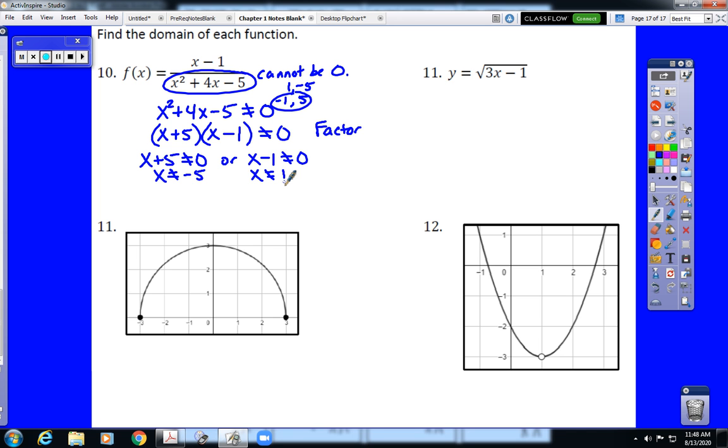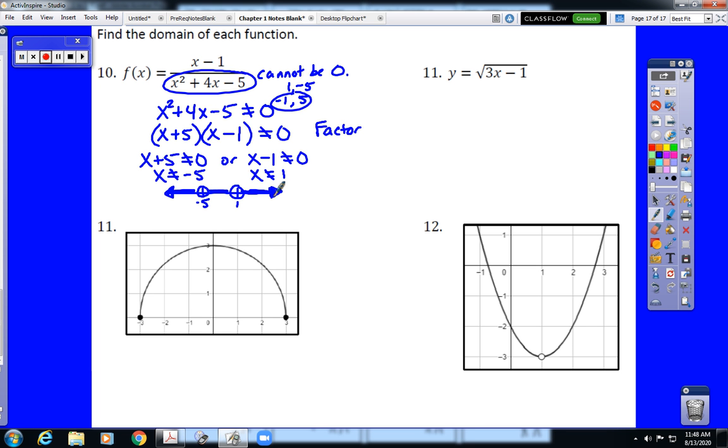So if you graphed the solution for this, you would be graphing a number line with an open circle at negative 5 and an open circle at positive 1, and the rest of that number line would be shaded because every other value would be 100% fine.